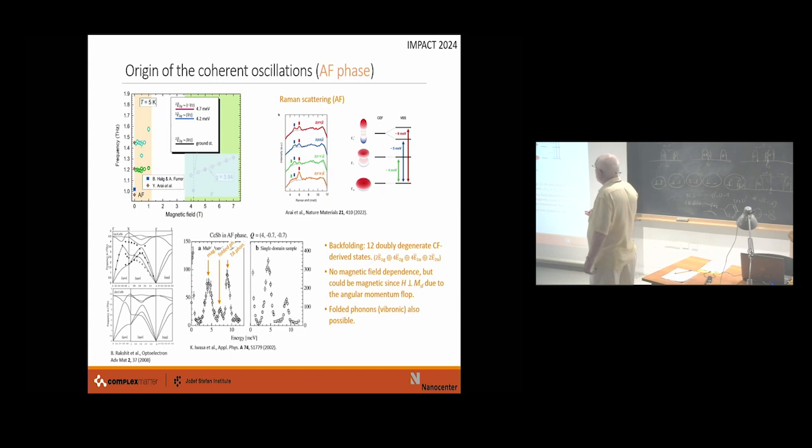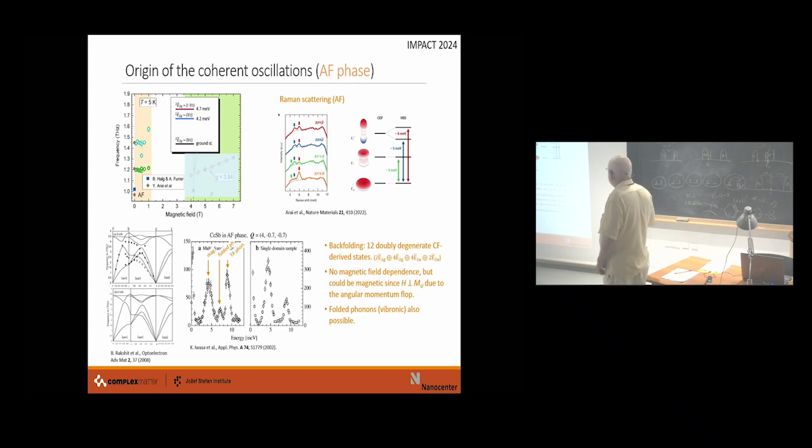Now let me also look at the antiferromagnetic phase. So in the previous work, they did not do a very detailed analysis. They vaguely said, this is probably a crystal field derived state, but coupled to phonons. So at first one would say, there is no magnetic field dependence, there surely must be phonons.